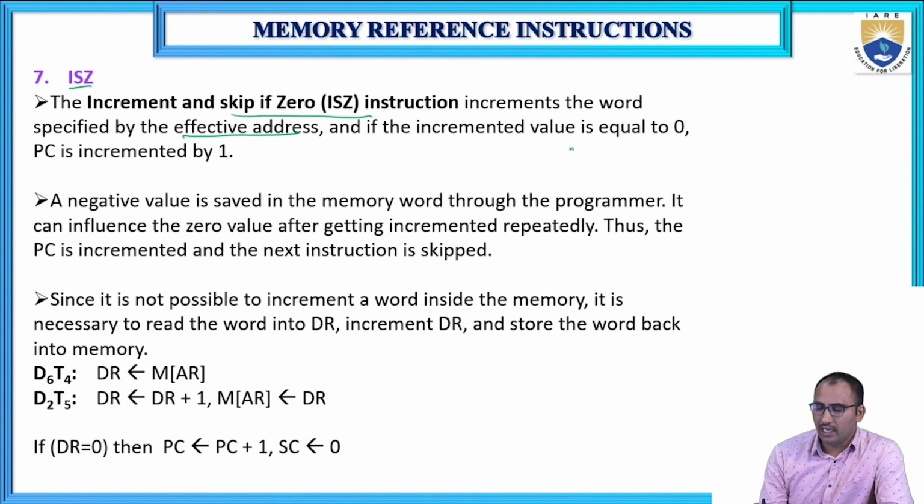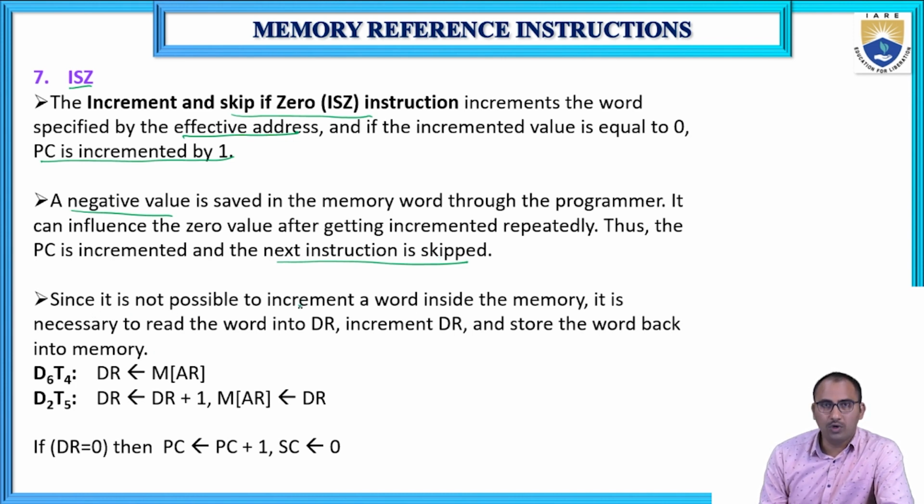And if the incremented value is equal to 0, then PC is incremented by 1. A negative value is saved in the memory word by the programmer. It can reach a 0 value after being incremented repeatedly. Thus, the PC is incremented and the next instruction is skipped.